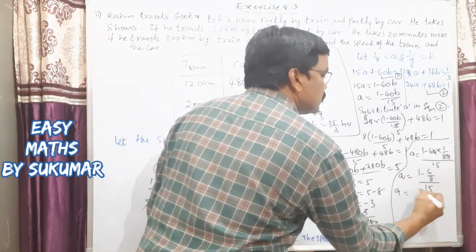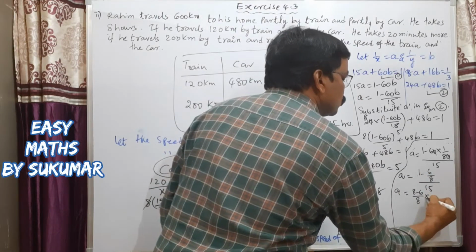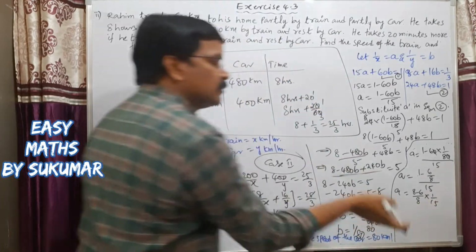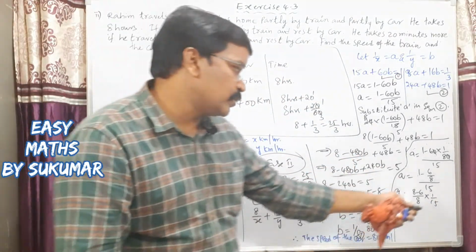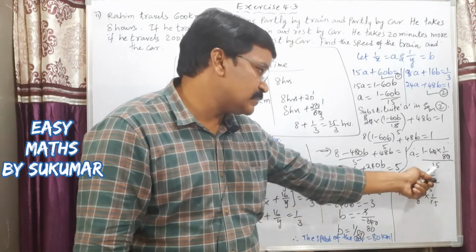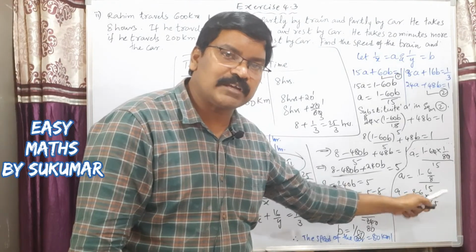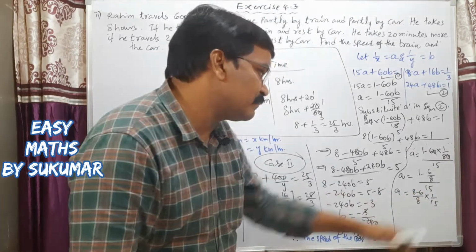So A is equal to 8 minus 6 by 8 into 1 by 15. This will be reciprocal now. Look here students, 8 minus 6 by 8 by 15. So this second fraction will be reciprocal, that is 1 by 15.